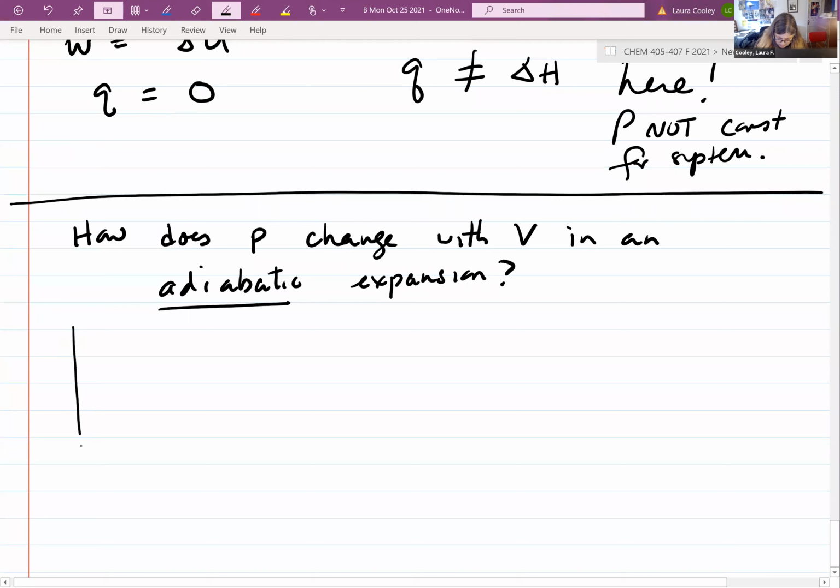So I want to show you by starting with what it did for the reversible expansion.